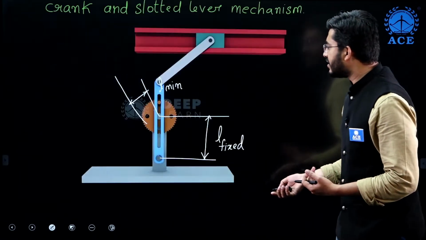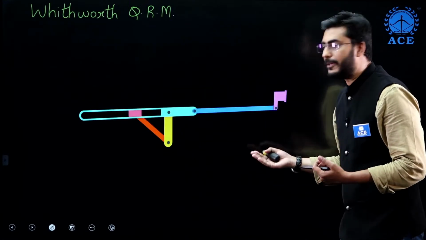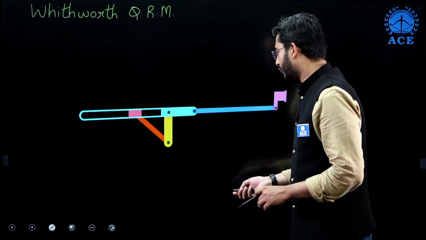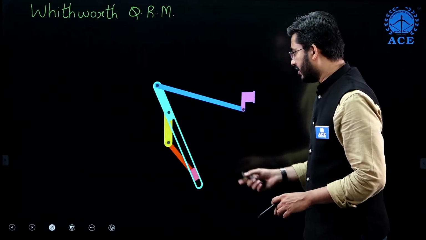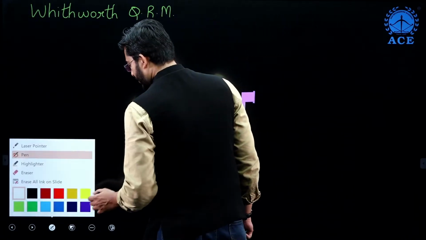Now let us try to identify the same thing: can it be a Whitworth mechanism or not? If you notice here, this yellow color link is representing L minimum.